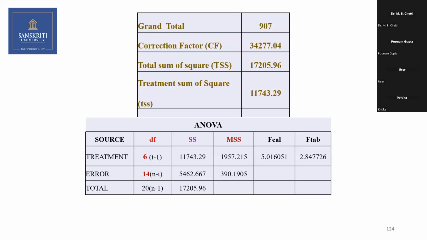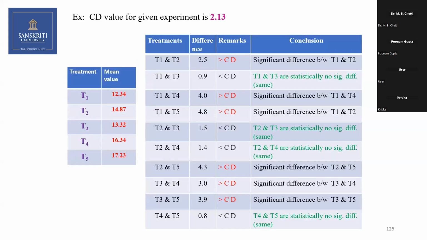Now the next question tells which variety is better, which one is poor. You can just see here the mean value, T5 is 17.23 kgs per plot, whereas T1 is yielding 12.34. Whether all differ with each other or only one or two differ, we want to know. For this, we are using the critical difference. There is a formula for that.